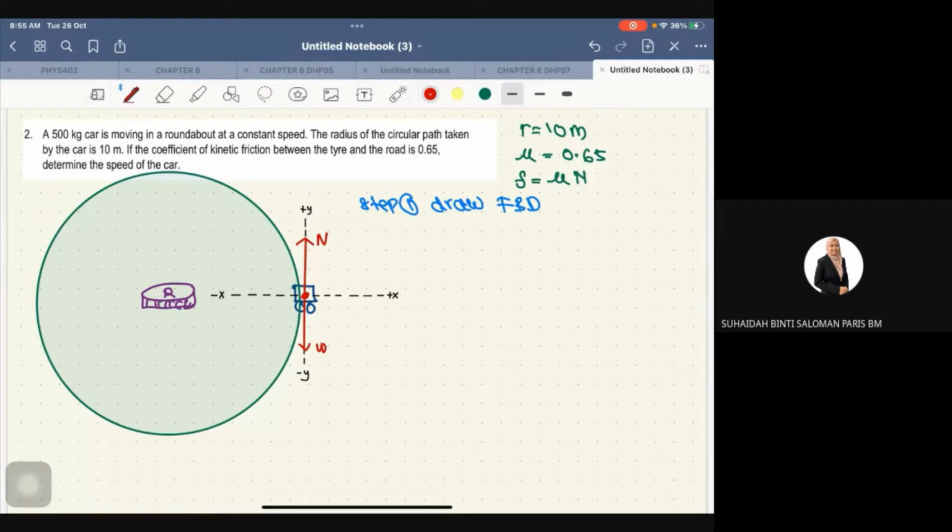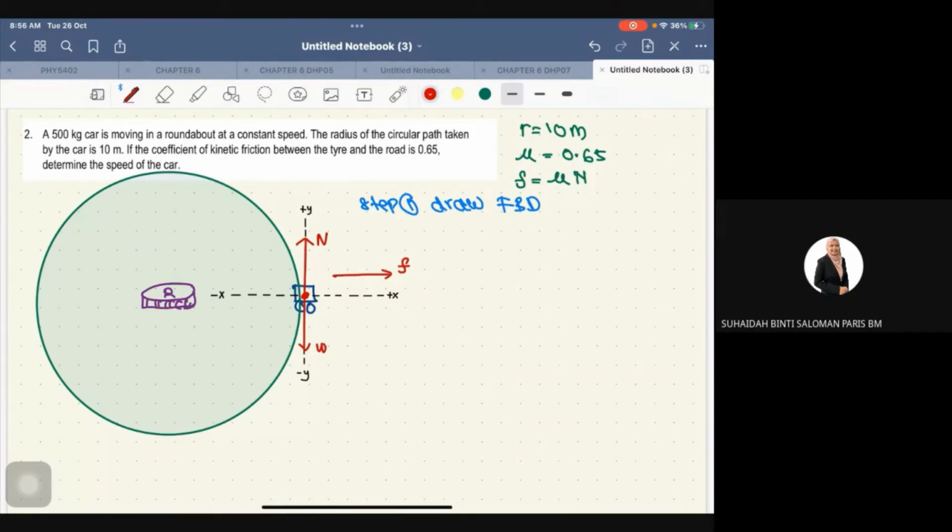Okay. So kat sini sebenarnya dia menguji awak punya kefahaman. Okay. Kalau kita lukis frictional force ke arah positif x-axis, contoh saya lukis arah sini, okay, that means there is no force contribute to the net force.